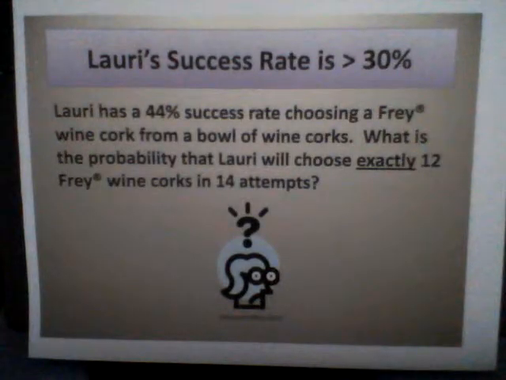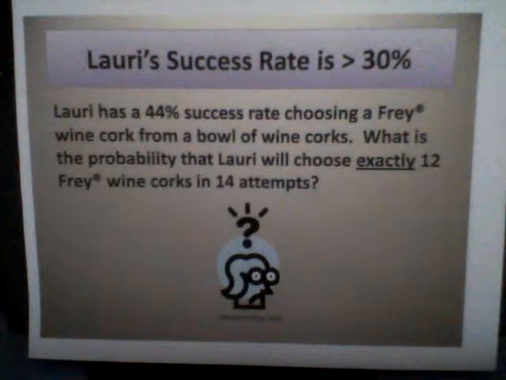So my success rate was greater than 30%. So I'm going to add a challenge and try to figure out the probability if I choose exactly 12 Frey corks in 14 attempts.